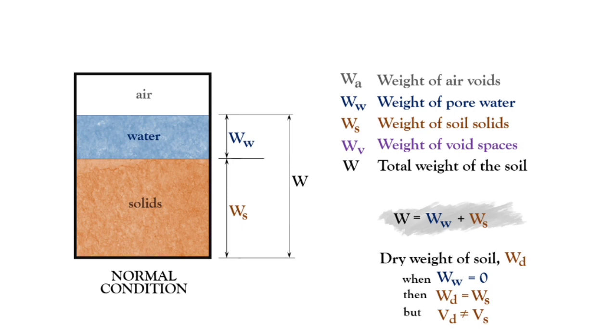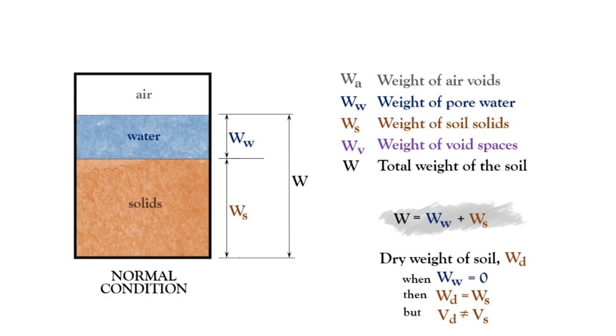Okay? Hindi naman natin na-neglect yung volume ng air. Para lang yun sa weight. Weight of air is negligible. So, tandaan niyo lagi yan kasi maraming napagpapalit din yung volume ng soil solids to the dry volume of the soil, which is wrong. Okay, so wait lang tayo. Sa weight lang tayo, pwedeng mag-interchange ng dry weight to the solids or the weight of the soil solids.